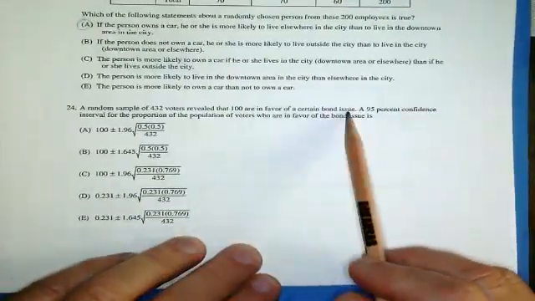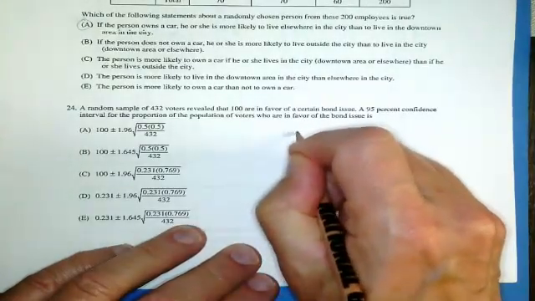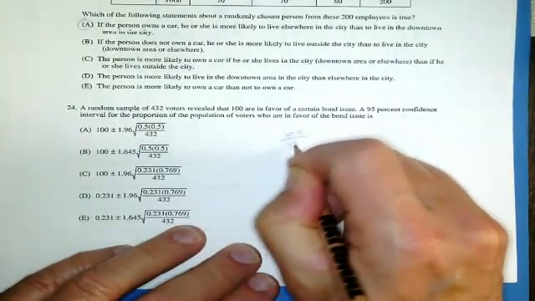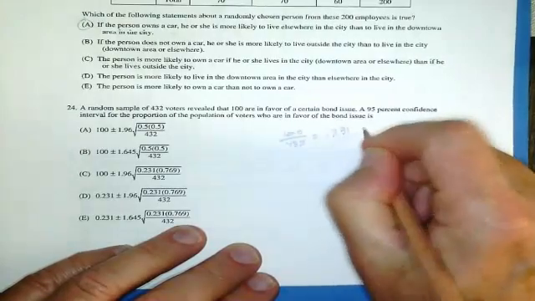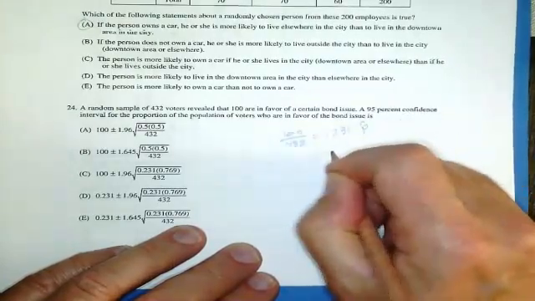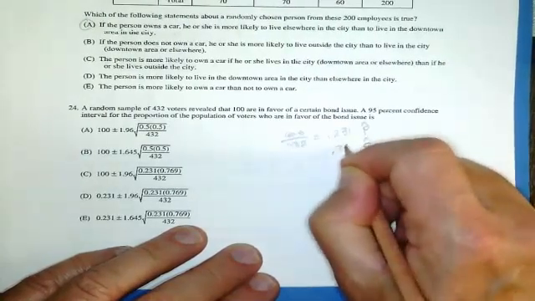Okay, number 24. A random sample of 432 voters revealed that 100 are in favor of a certain bond issue. So first thing I do is 100 divided by 432 equals 0.231. This is my p hat, which makes q hat 0.769.